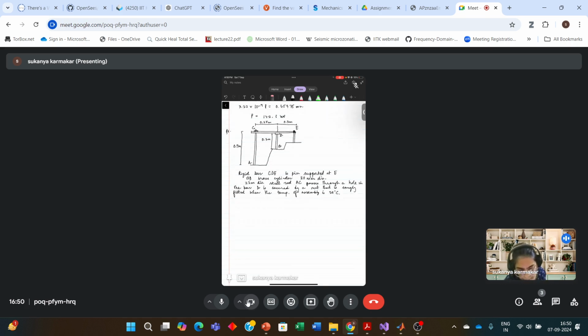Now, the temperature of the brass cylinder is increased to 50 degrees Celsius while the steel rod remains at 20 degrees Celsius.